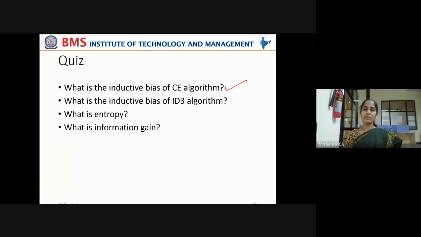You try to answer, then I'll correct you. What is the inductive bias of candidate elimination algorithm in order to predict well with the unseen data?